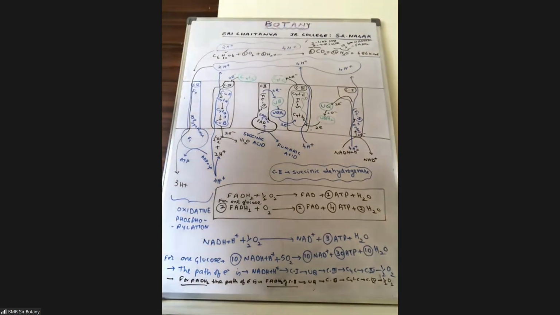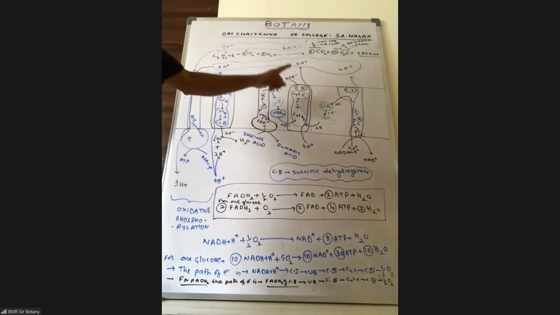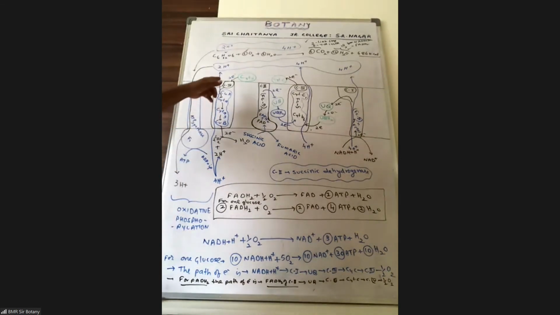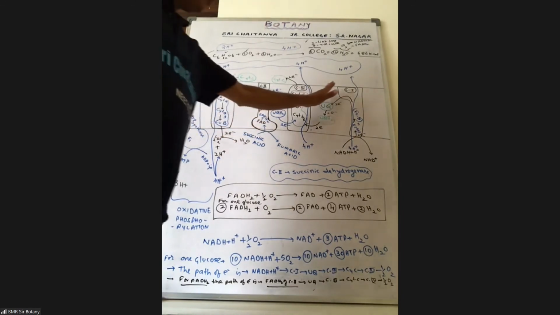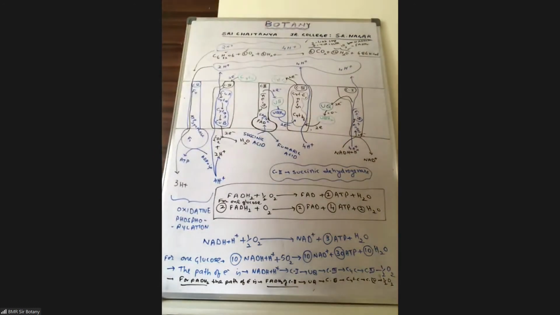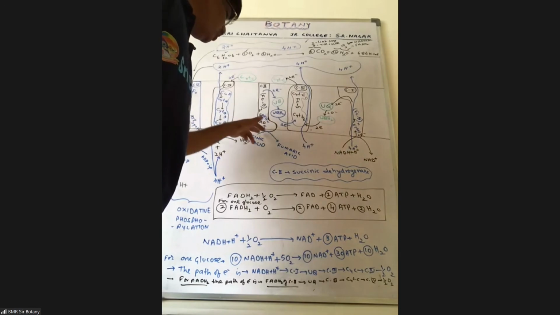In which case, you can find only 6 protons accumulated here, 4 with the help of complex 3 and 2 with the help of complex 4. If FADH2 is the substrate, complex 1 has no role. If NADH is the substrate, complex 2 has no role.